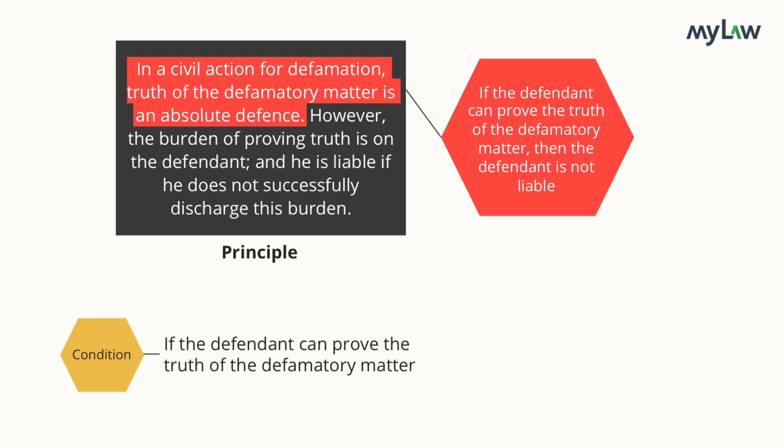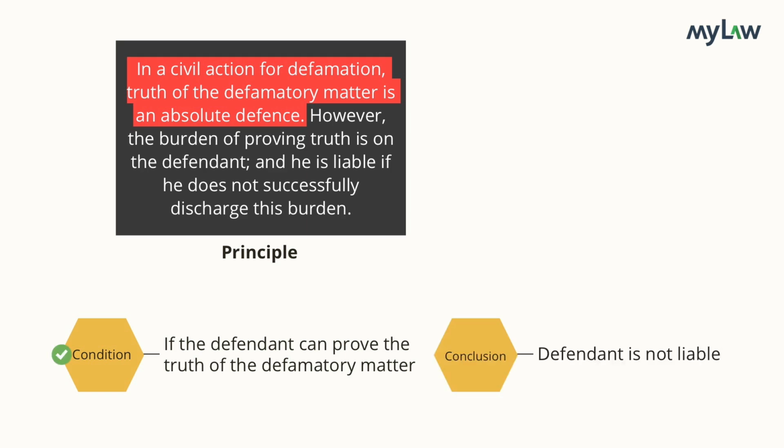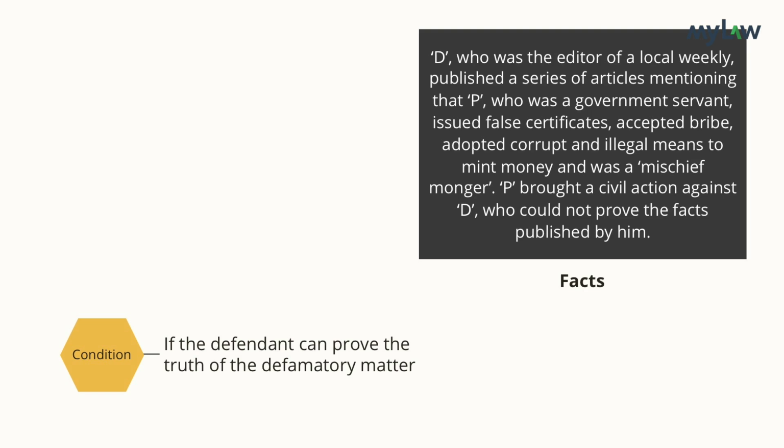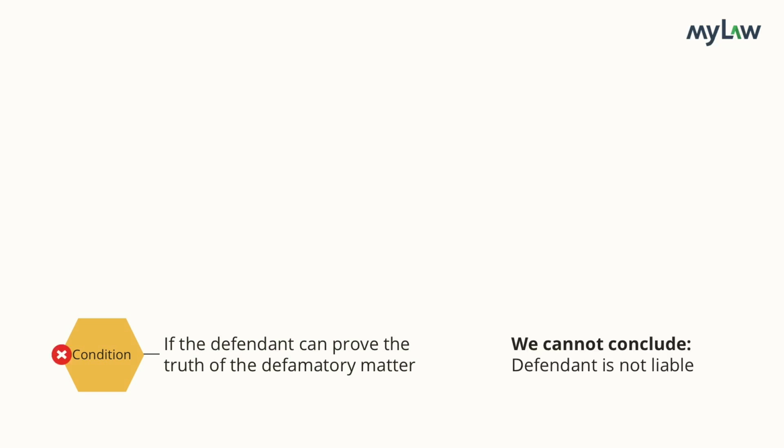How is the condition related to the conclusion? If the answer is yes, then we can necessarily conclude that the defendant is not liable. Let's apply the facts. Was D, the defendant, able to prove the truth of defamatory matter? No. So we cannot conclude that D is not liable for defamation.